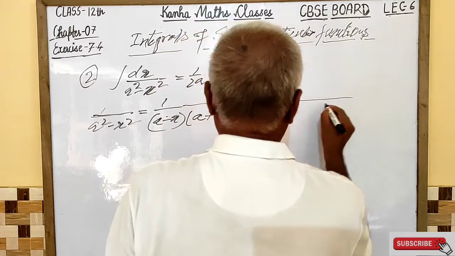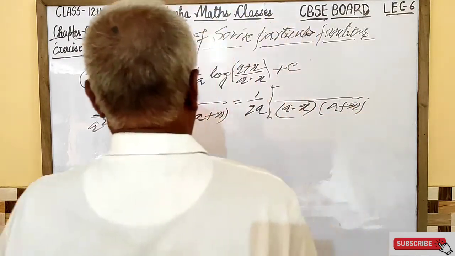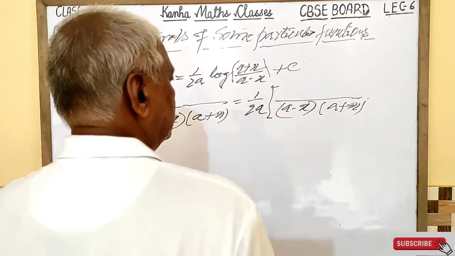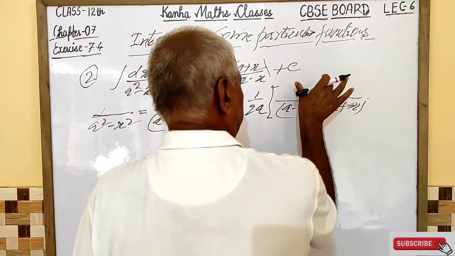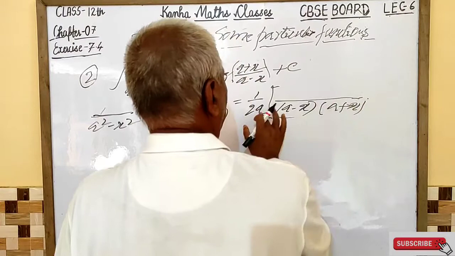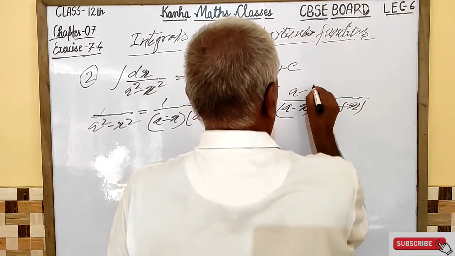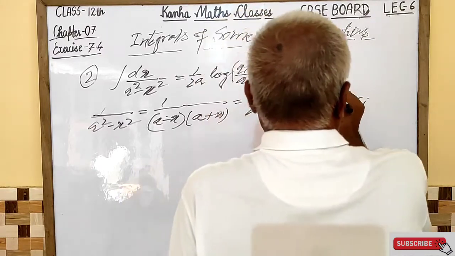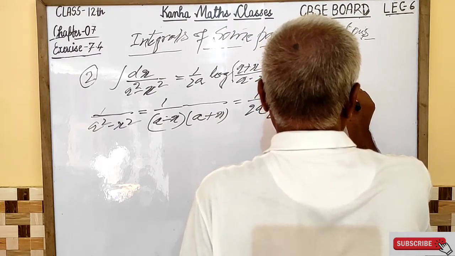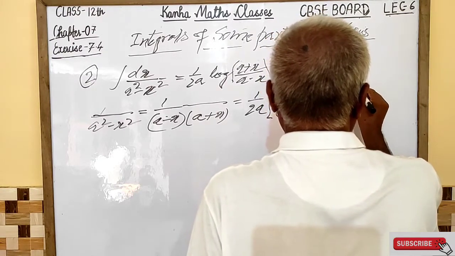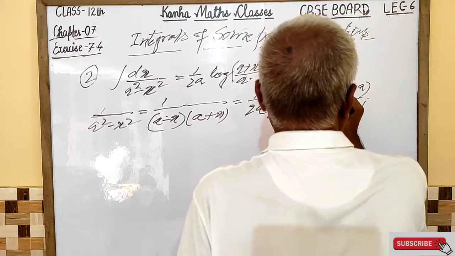Here instead of using partial fraction, we will directly use a trick, 1 upon 2a like the first formula, and this will be the a minus x, a plus x denominator. And now we will write such that the sum or difference of the functions mentioned in the numerator will be equal to 2a, so that it may be cut by 2a. a minus x plus, minus x minus a, plus x, here we will write a plus x minus a.